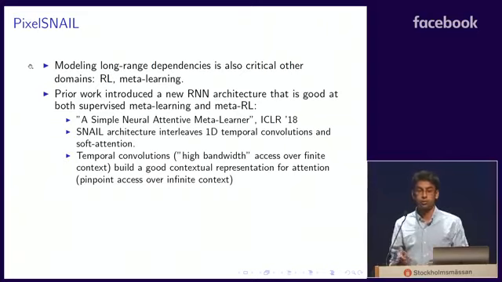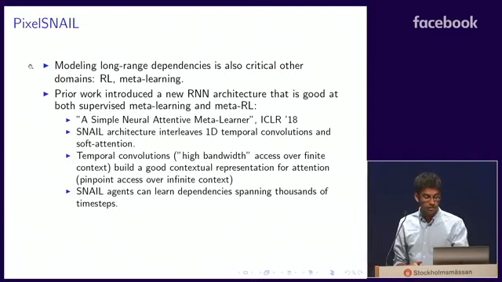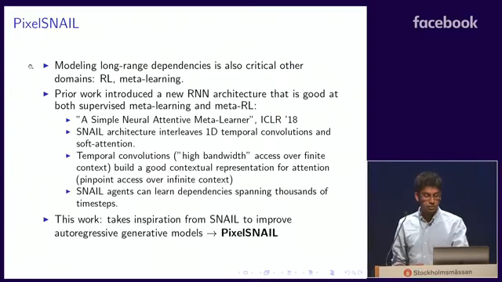So this is like your lookup over very long amounts of time. In that paper, we found that these SNAIL architectures can learn dependencies spanning hundreds or thousands of time steps. In this work, we take the ideas from SNAIL and put them to work in autoregressive generative models, and we call this PixelSNAIL.